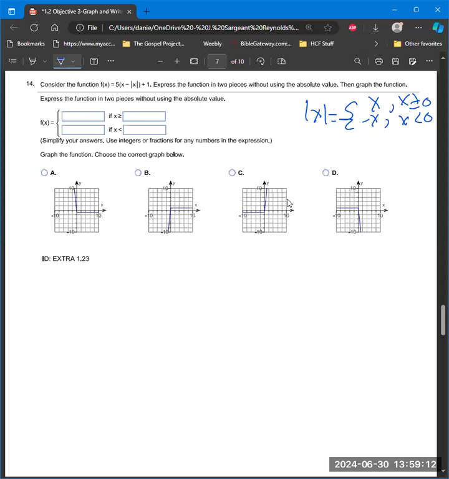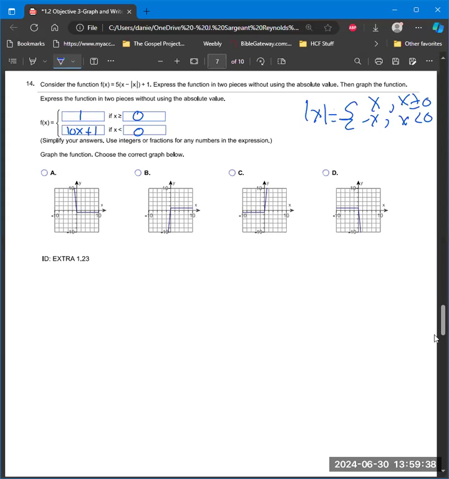So if x is greater than or equal to 0, x minus x is 0, 5 times 0 is 0, 0 plus 1 is 1. X minus a negative x is going to be a positive 2x. 5 times 2x is 10x plus 1. And then that's if it's less than 0 there.